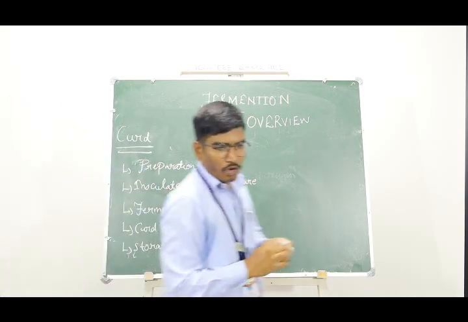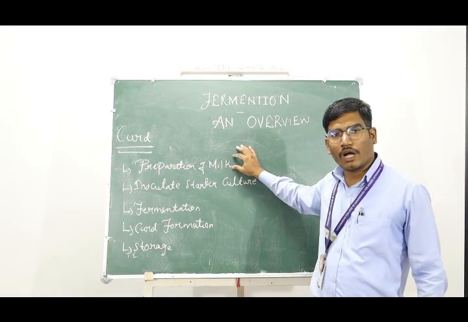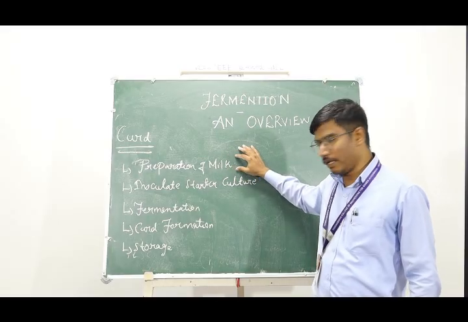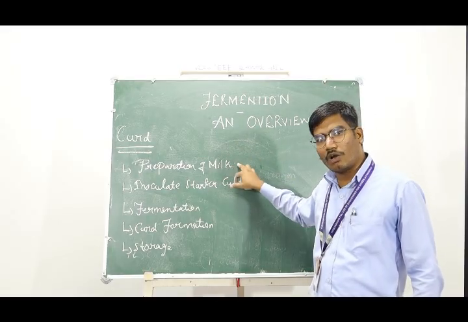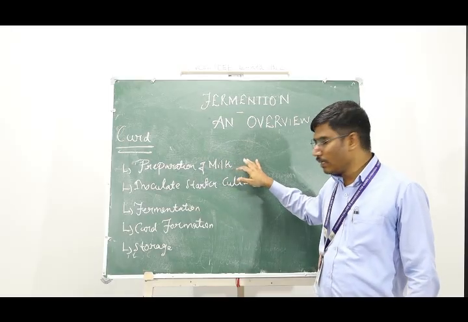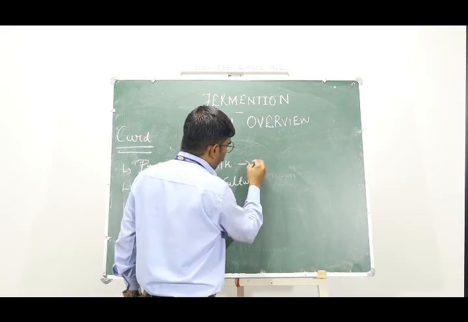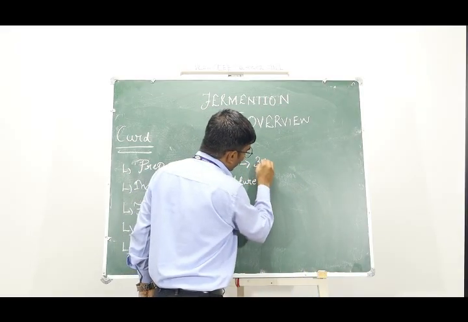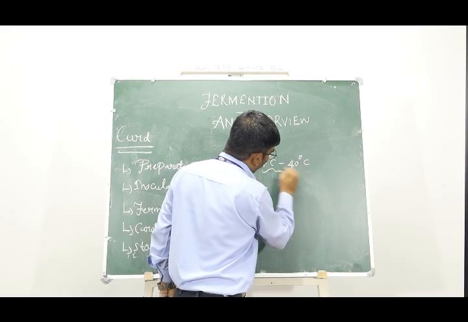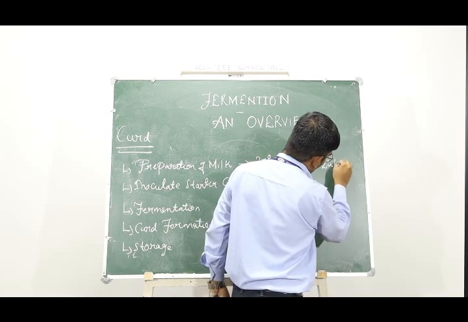In case of preparation of milk, we have to collect the milk, then boil the milk at a particular temperature. We boil it in order to kill the unwanted bacteria present in the milk, and we maintain the milk at a temperature of 37 to 40 degrees Celsius, which is called lukewarm temperature.